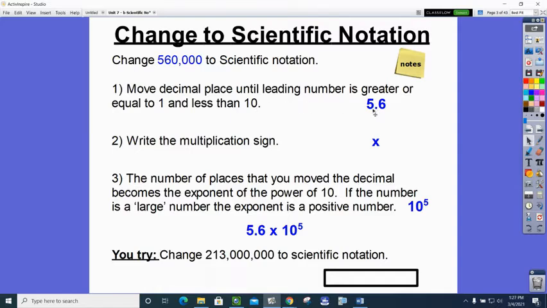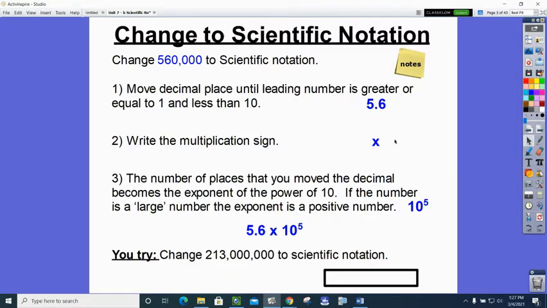So it has one non-zero digit in front of the decimal. You wouldn't have 11.6, and you wouldn't have 0.007. You're going to have a number between 1 and just less than 10.